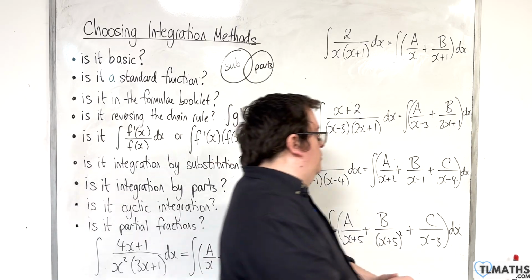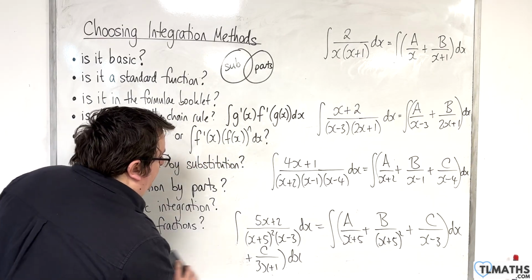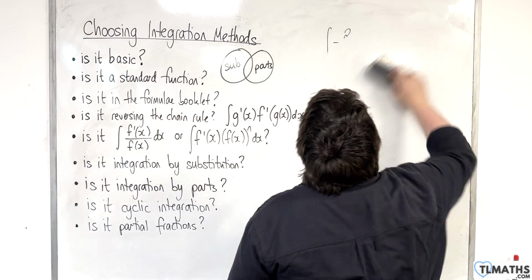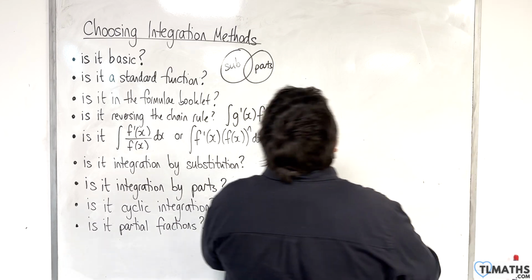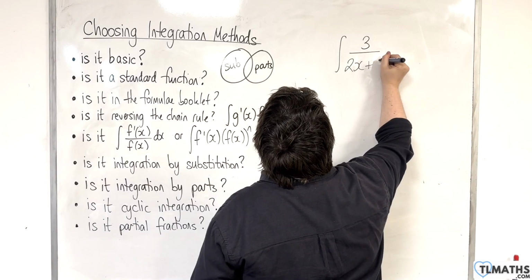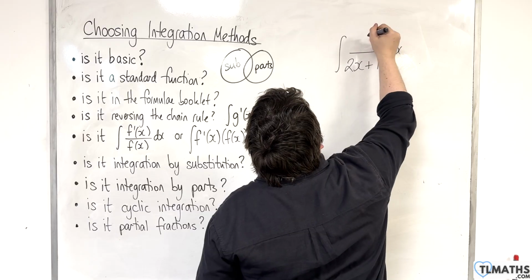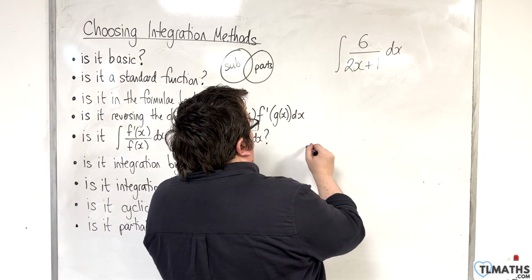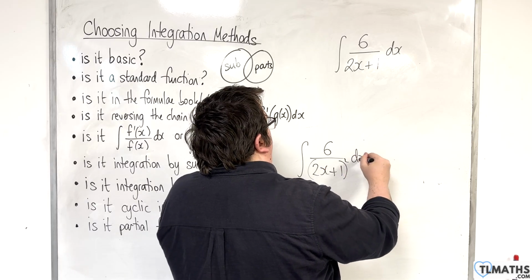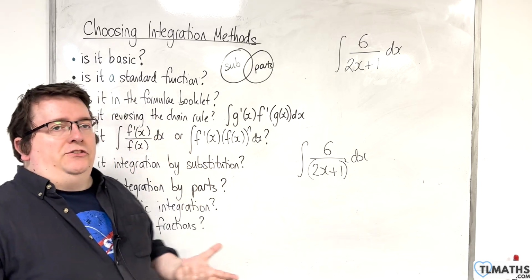So let's just make sure that we are happy with how you actually integrate each of those styles. So let's say we've got the integral of 3 over 2x plus 1. Let's actually change that to 6. Or let's say we've got 6 over 2x plus 1 squared. Okay, so both of these could be the results of having done some partial fractions.